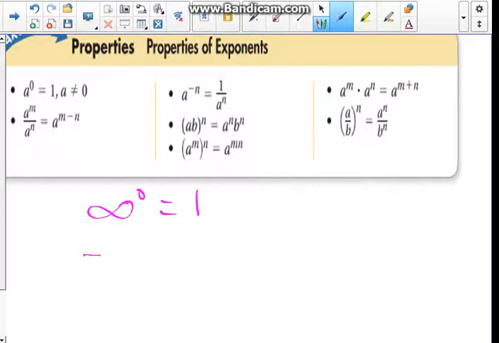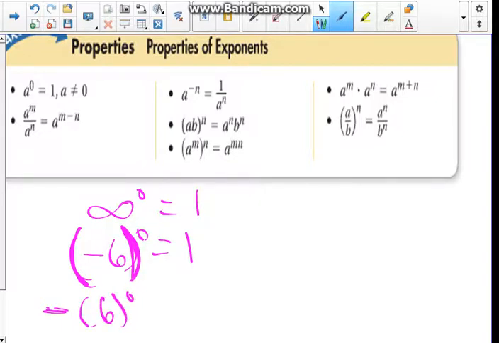How about negative 6 to the 0 power? That's equal to 1. Notice that I've put my negative sign inside the parentheses with my 0 power. That's going to be completely different than if I have the negative sign outside of the parentheses. What this means is that's just like saying negative 1 times 6 to the 0 power.